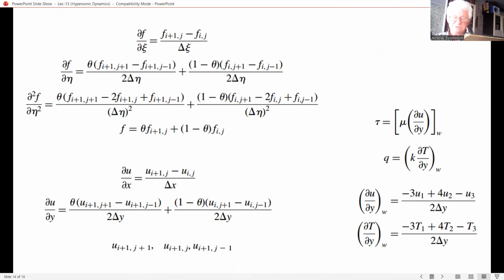So in this case, we have our first expression here in the middle, and the next one for du over dy. In this case, the real physical variables are the unknowns, such as u sub j plus 1 and u sub j minus 1.